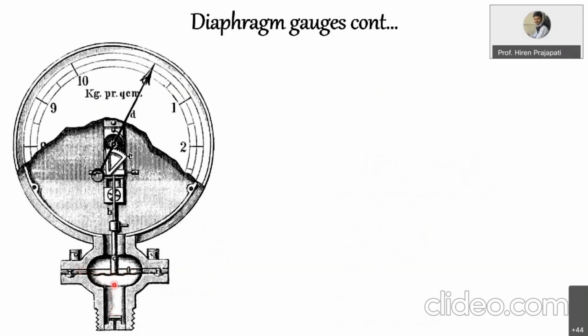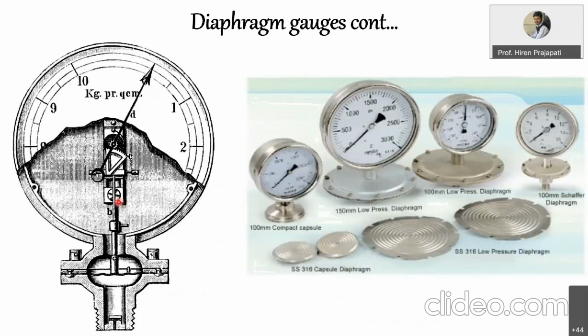So when you give pressure, the diaphragm deflects, and the deflection of the diaphragm is transmitted to this pointer through the mechanisms which we are using in the bourdon tube pressure gauge. These are the diaphragm gauges, how they look. So here the diaphragm is fixed between two plates. This is the diaphragm.